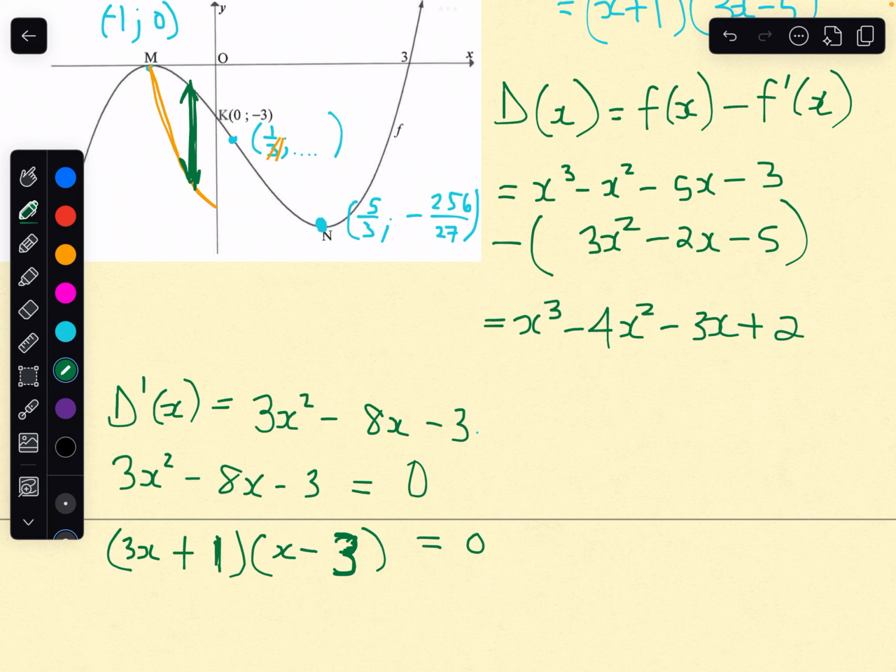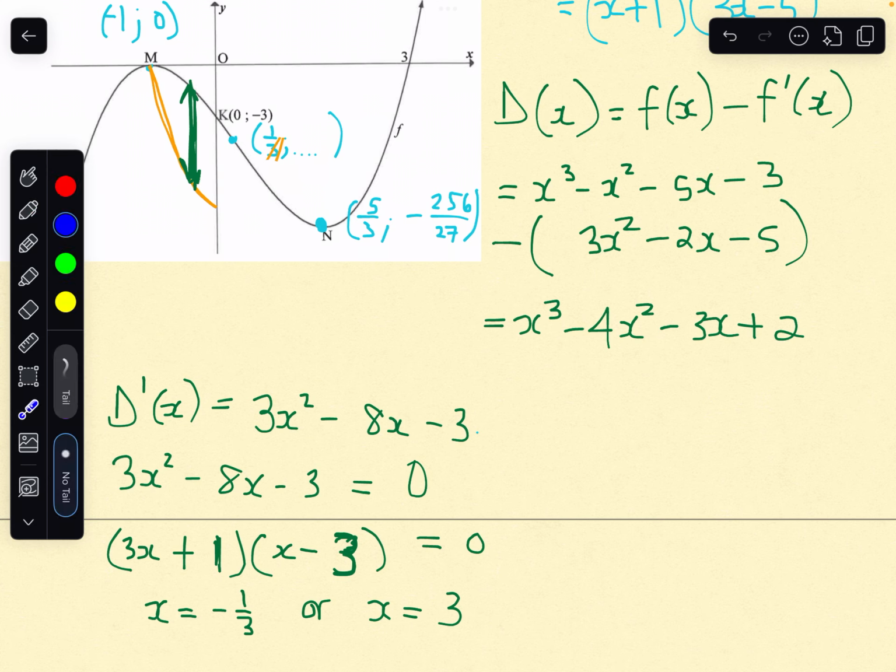That does work: 3x squared minus 9x plus 1x minus 3. Good. So x is then either equal to -1/3 or x is equal to 3.